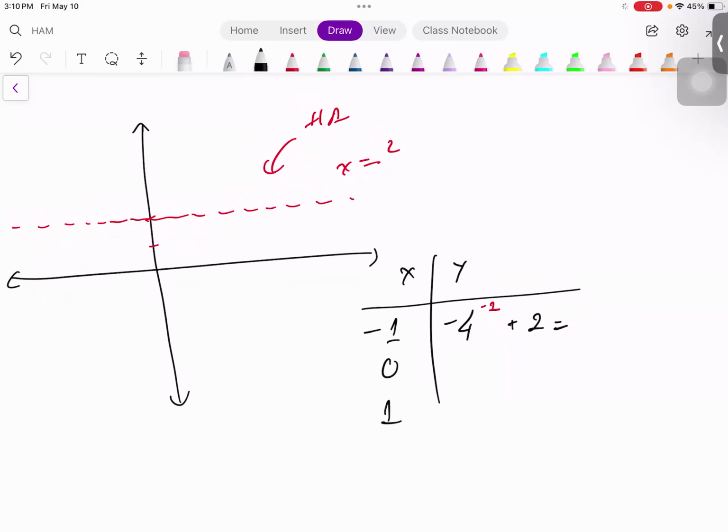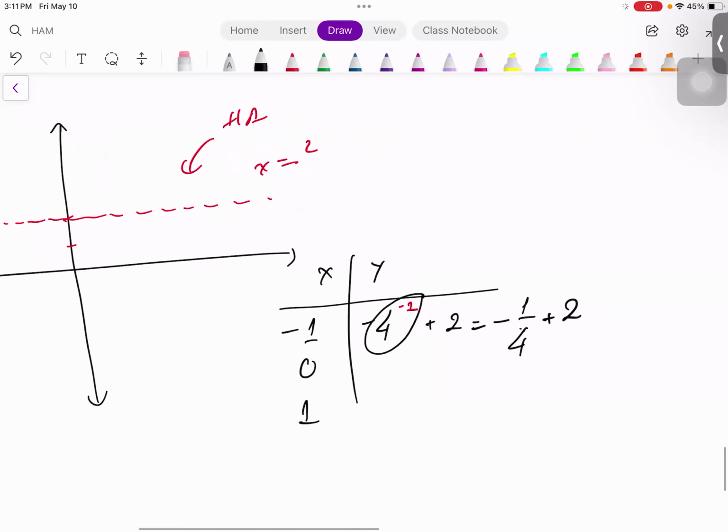Flip it. 1 over 3. 5 to negative 1 is 1 over 5. You got it. So 4 to negative 1 is 1 over 4. What is 1 over 4 plus 2? So 1 over 4 is around 2.75, right?